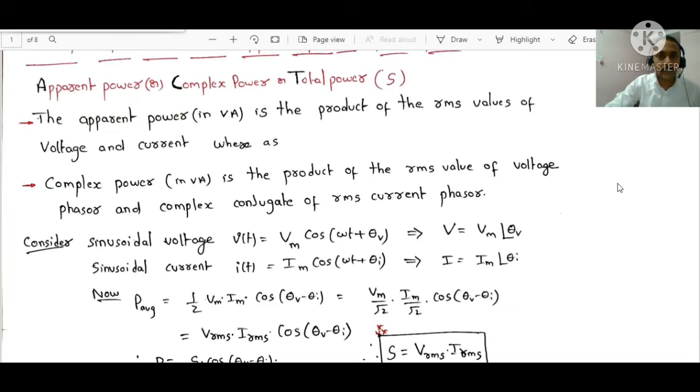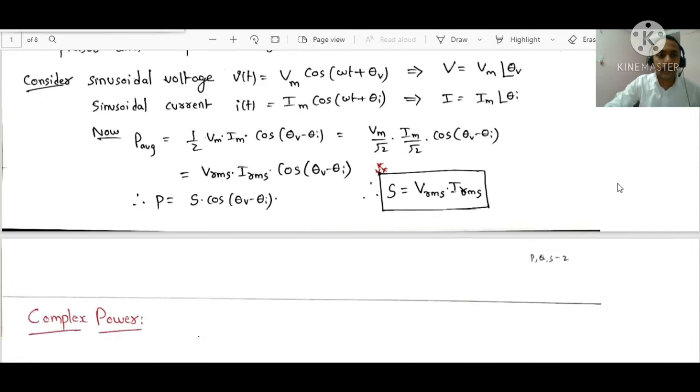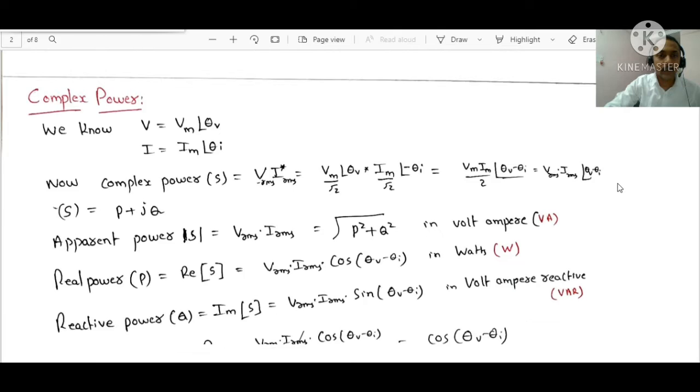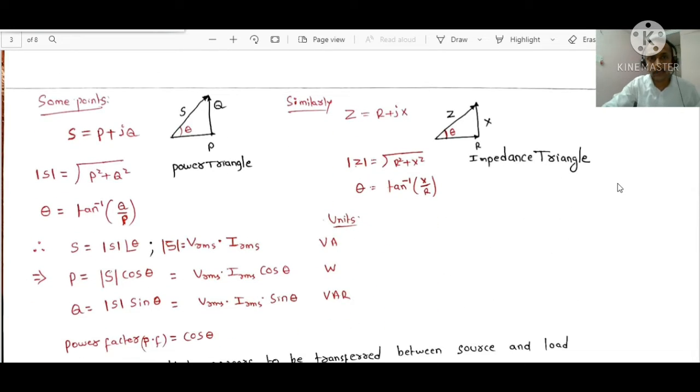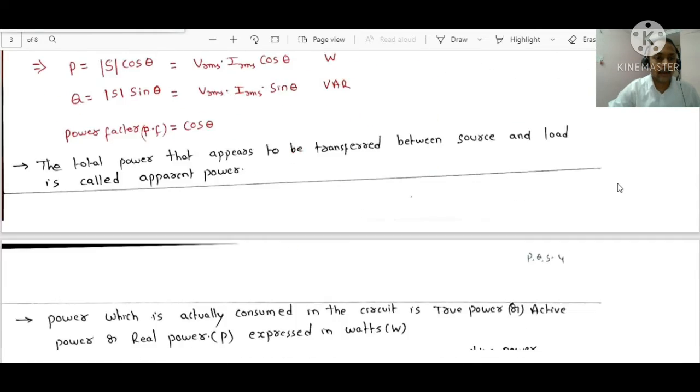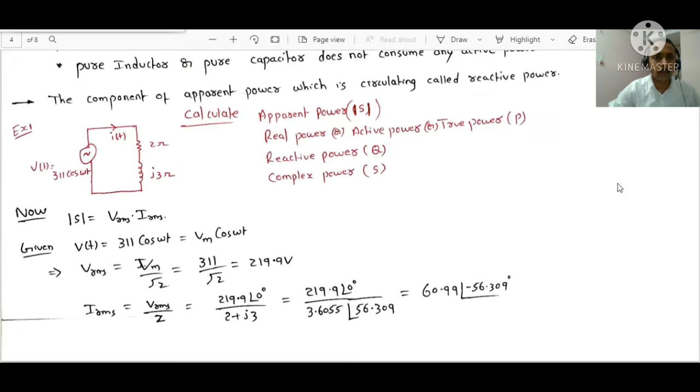We will discuss first apparent power, complex power or total power, and slowly we will define what we mean by complex power. Next we will discuss some points with respect to the power triangle and impedance triangle, and we will see how to do some problems to calculate the apparent power, real power or active power or true power, reactive power and complex power.